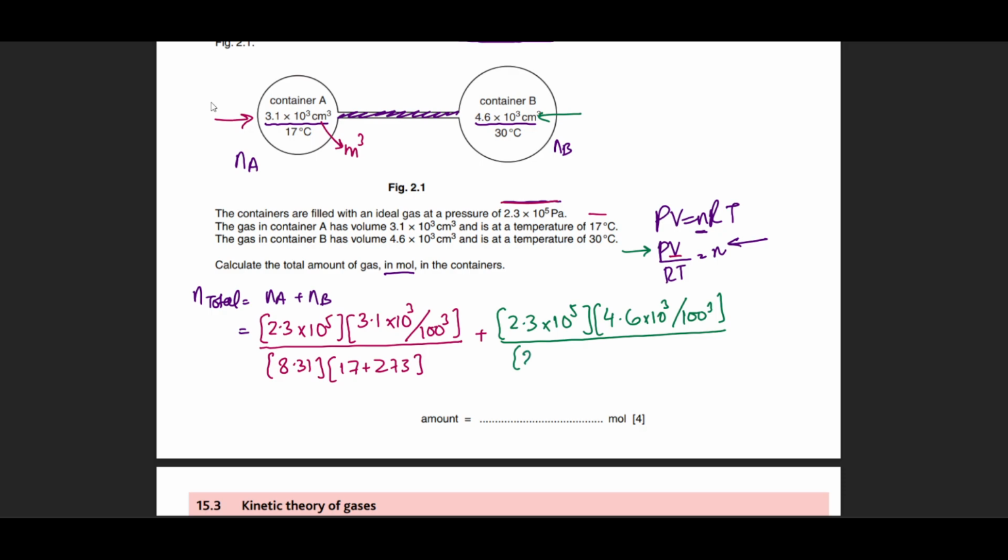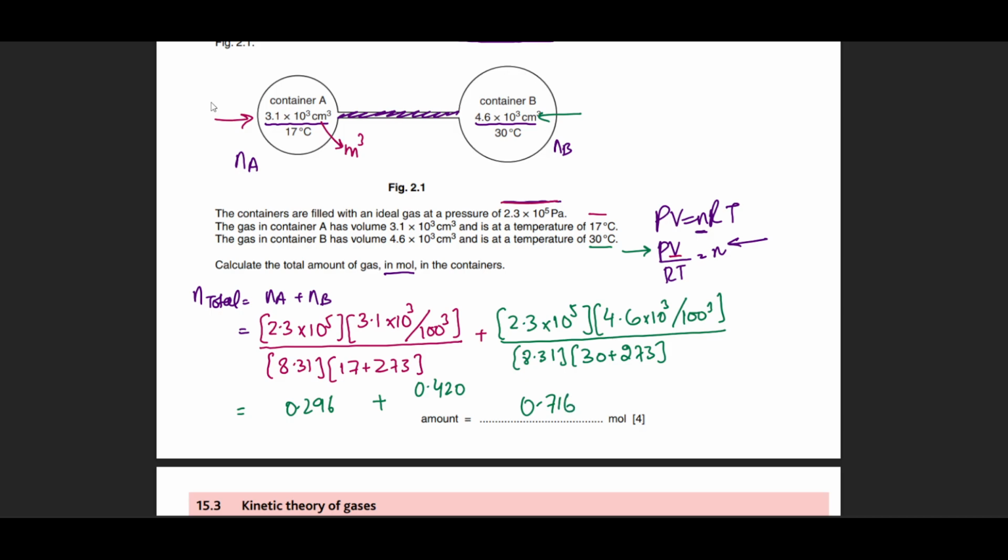And then we have 8.31 into 30 degrees plus 273, right? So if you solve it individually, I'm going to write down these answers so that you can confirm them. So this is 0.296 plus the other one will be 0.420. If you add them both together, this will be 0.716.